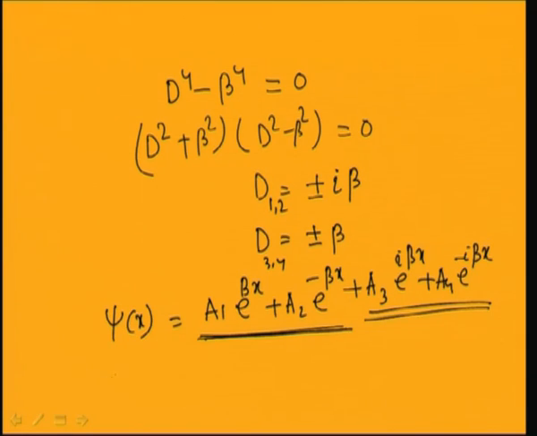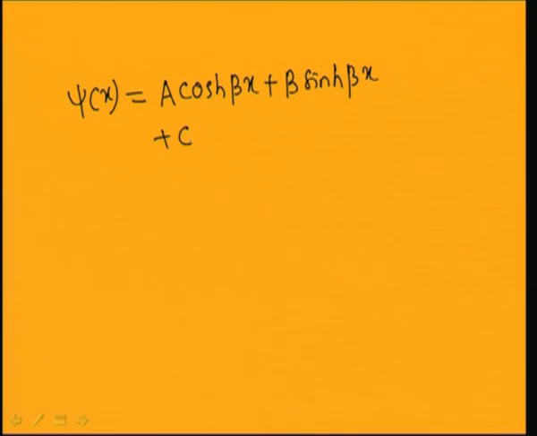So, one can write psi x in this form: psi x equals a cos hyperbolic beta x plus b sin hyperbolic beta x plus c cos beta x plus d sin beta x.